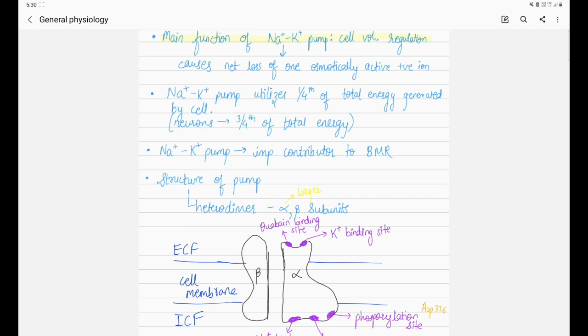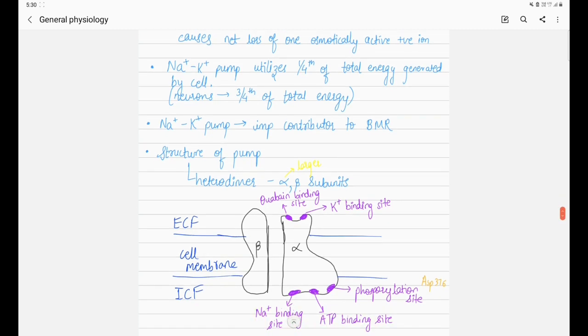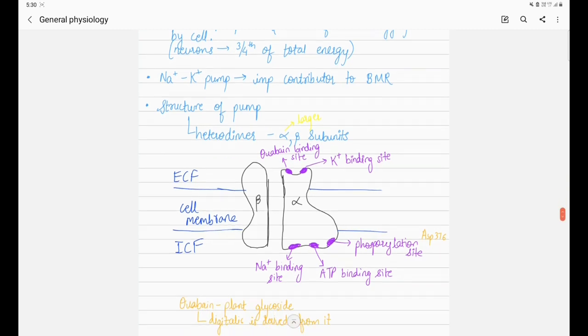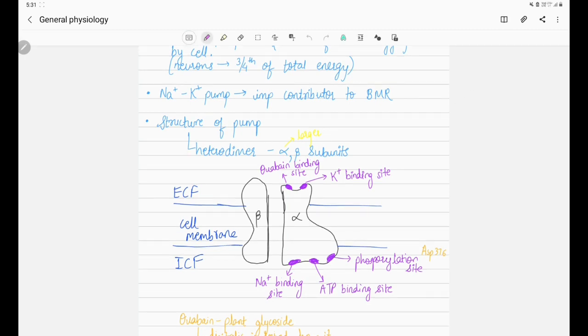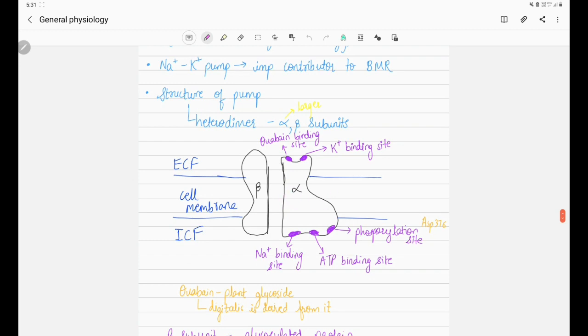Let's see the structure of the pump. It is a heterodimer with alpha and beta subunits, alpha being the larger subunit. Let's say this is the cell membrane, with the ECF, ICF, and the alpha and beta units. In the alpha unit there are 5 sites.